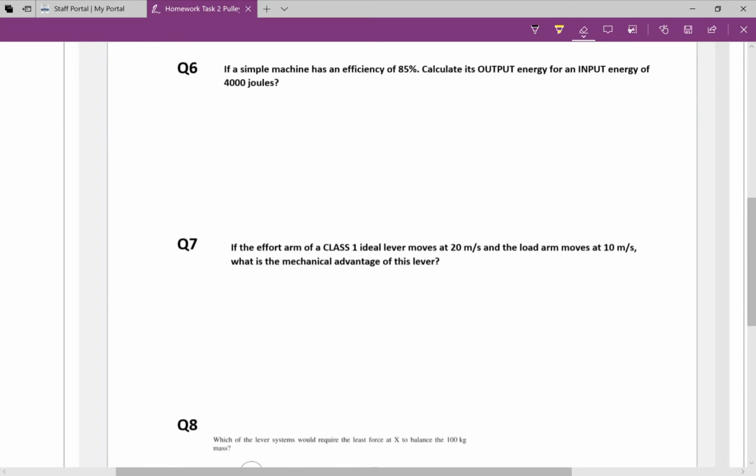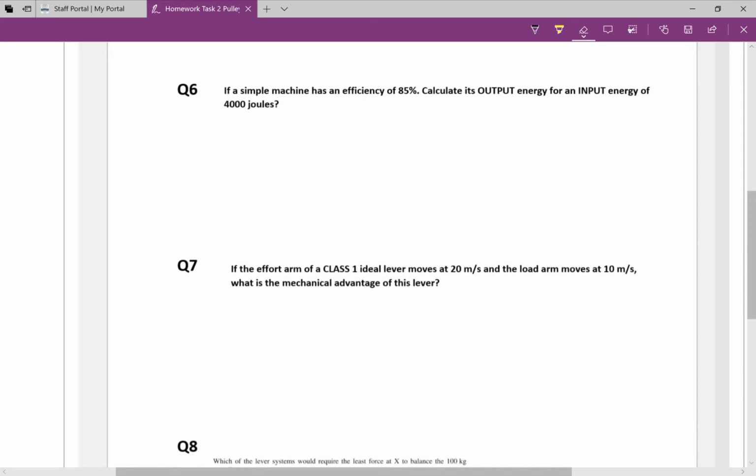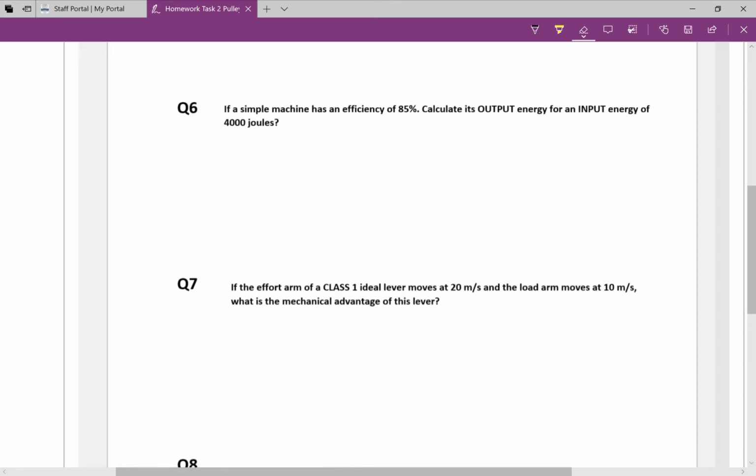Okay, I gave you this type of question here, talking about efficiency and energy, because we already talked about the equation where we talked about eta and eta's value, and we expressed it in terms of velocity ratio, and we said eta was equal to MA over VR, remember, mechanical advantage over velocity ratio.